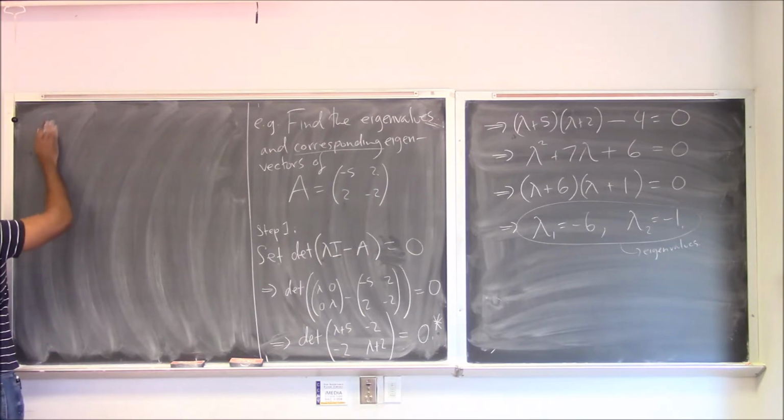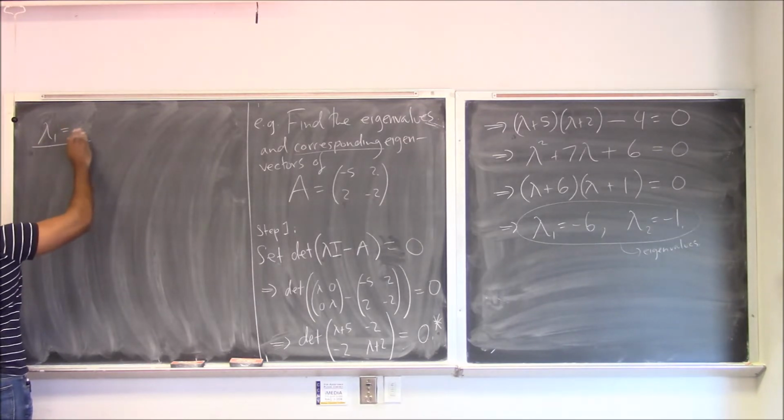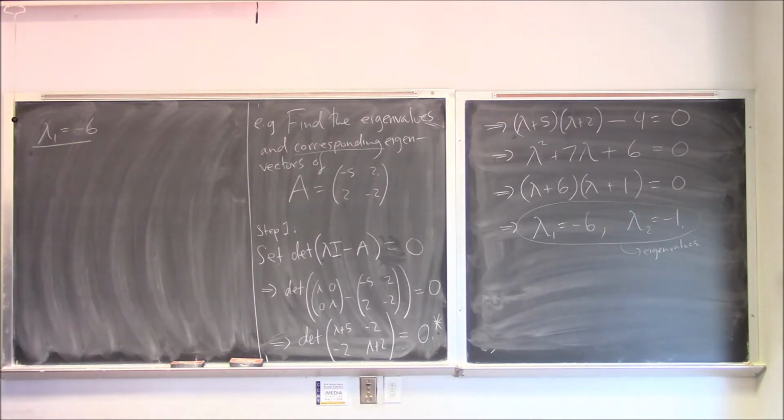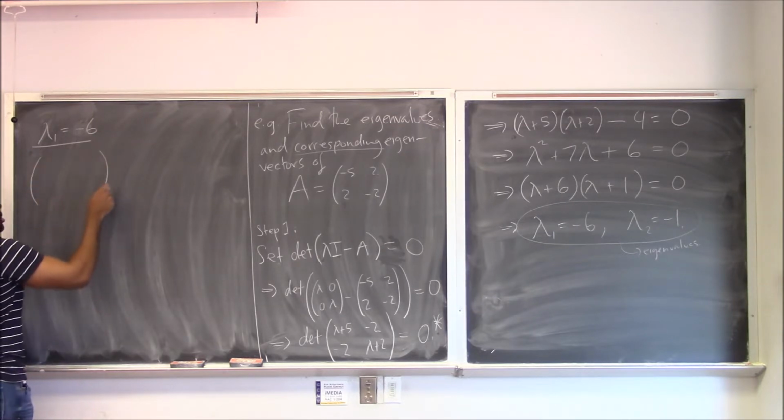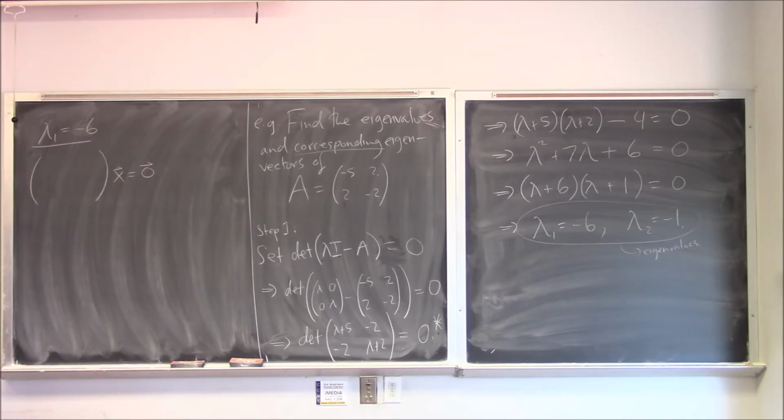So let's go for lambda 1 equals minus 6. We need to find the eigenvector. So what I'm going to do is plug that into the big matrix, which I want to be equal to 0, right?